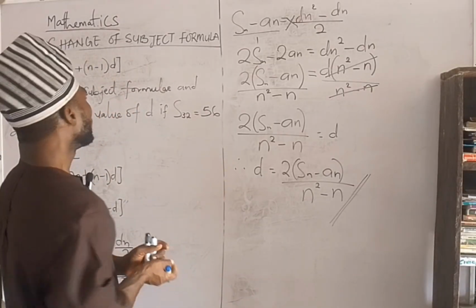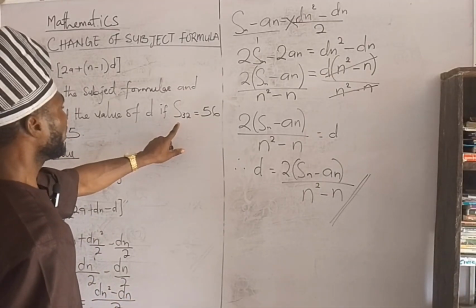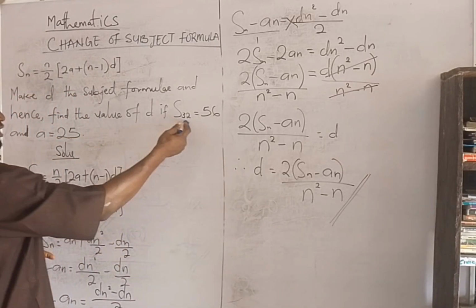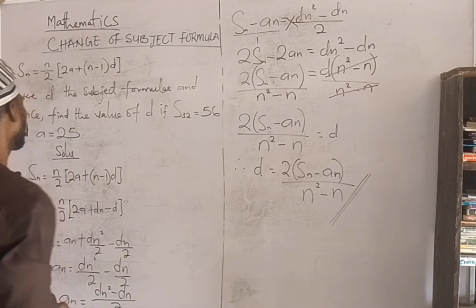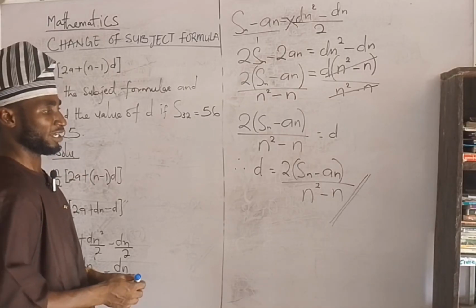But that's not all. The question went further and said we should find the value of d if S32 is equal to 56, that's the sum of the first 32 term is equal to 56, and our first term is 25.